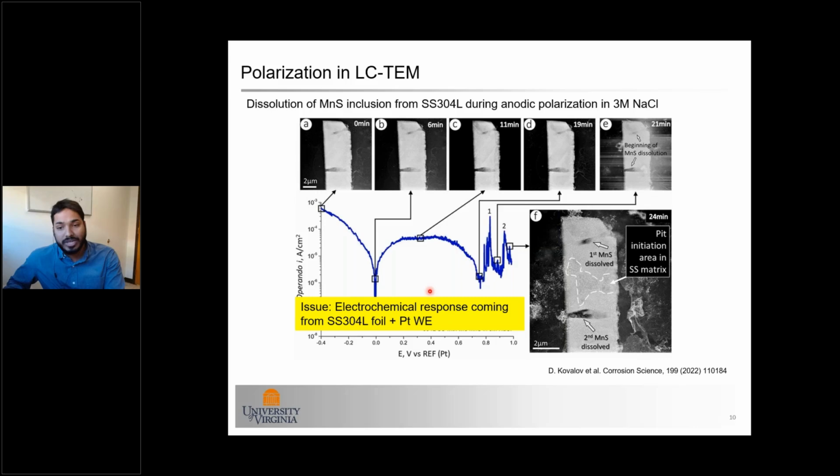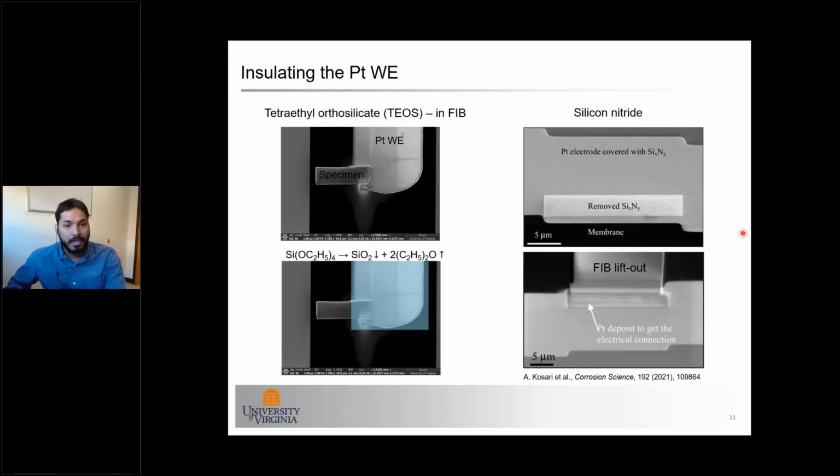So in fact, without external applied potential, the stainless steel has already been polarized anodically due to being in contact with platinum, and this is called galvanic corrosion, and that is not what we want to study. So galvanic exposure has always been the question when we talk about corrosion studies in liquid cell TEM.